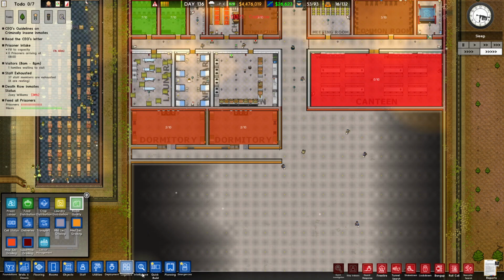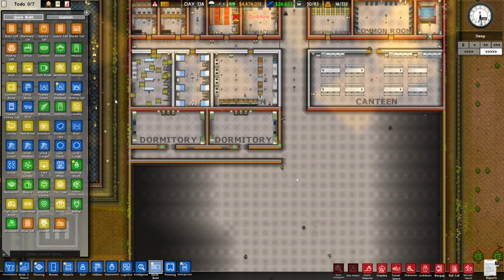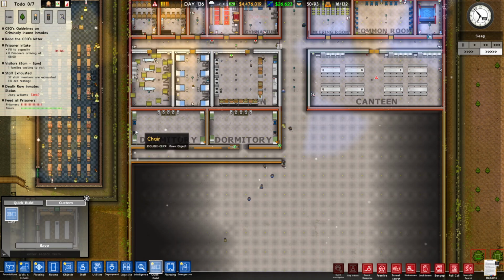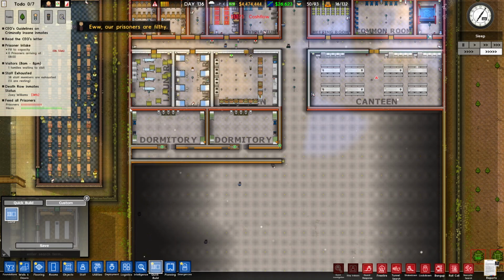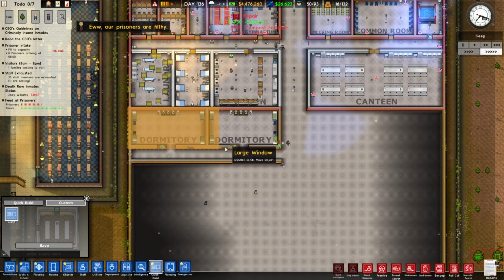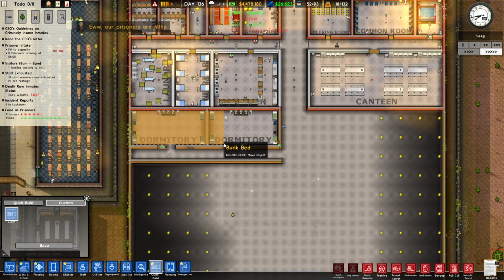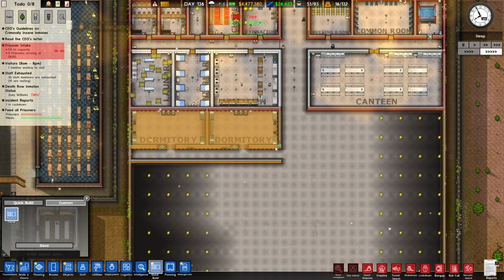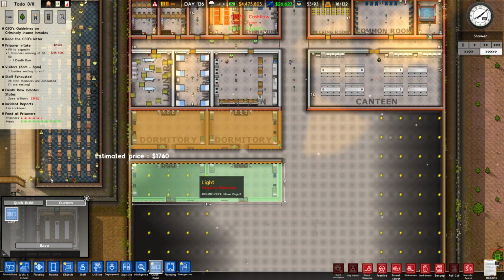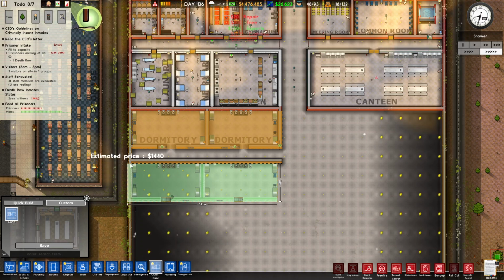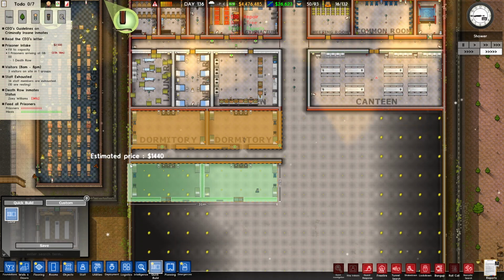So, go to our clone soul. And we've already got the outside wall, but we haven't got the back wall. It's actually the wrong colour, so I have to build it again anyway. And we want those doors, don't we? So let's do that, and then press F to flip it.